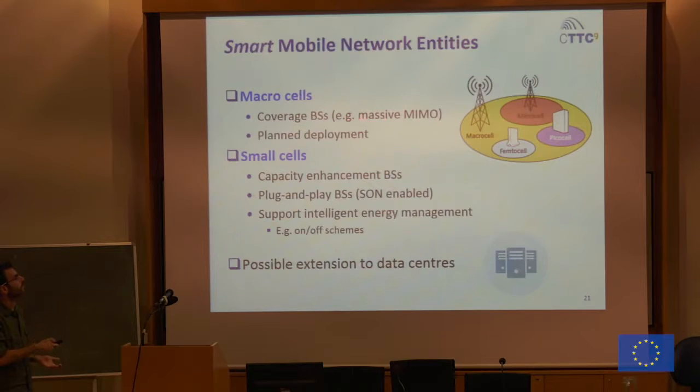For example, they can use massive MIMO to decrease the energy consumption. They are providing global coverage to our users, and they are normally deployed in a very detailed and planned way. So the operator may want to put the base station exactly at a given point in space.